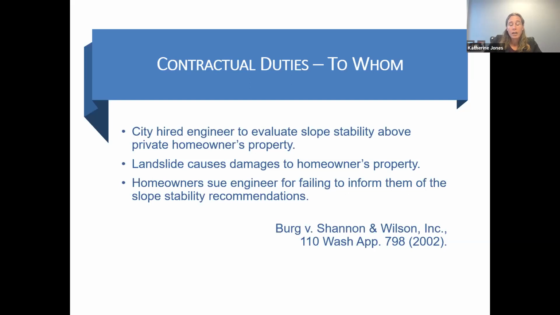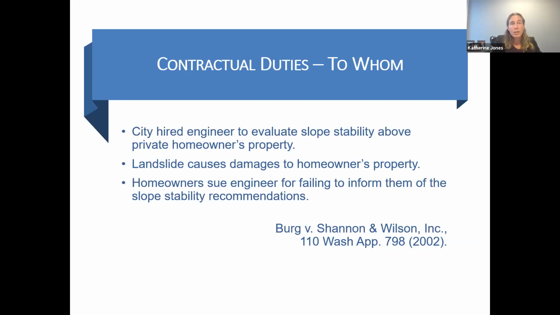And the city hired Shannon and Wilson to do a slope stability analysis to ensure that the slope was stable, in all likelihood to protect the private homeowners whose property was underneath. Shannon and Wilson did a report, and they recommended that the city of Seattle install some dewatering wells before the upcoming rainy season hit Seattle.